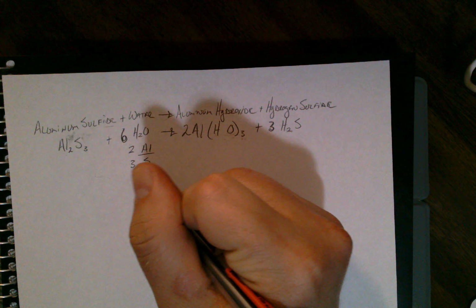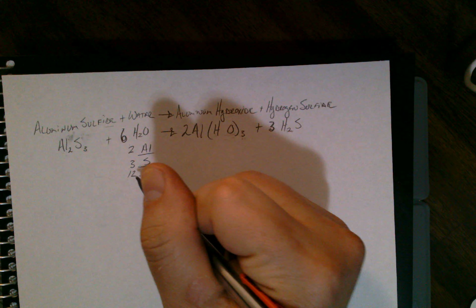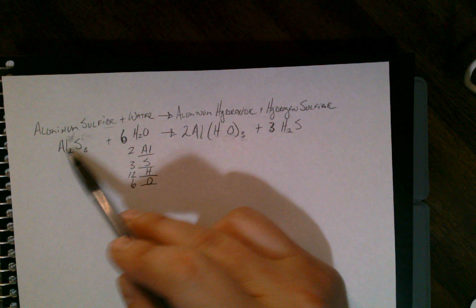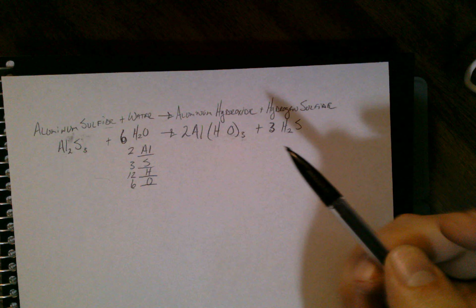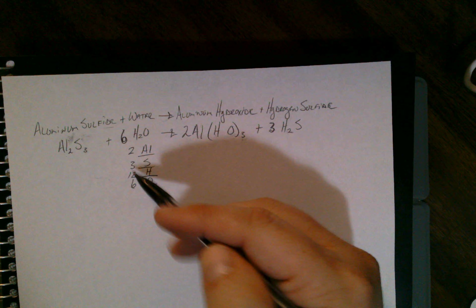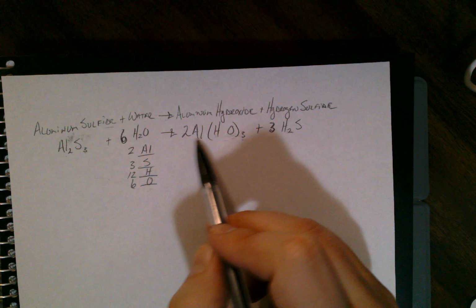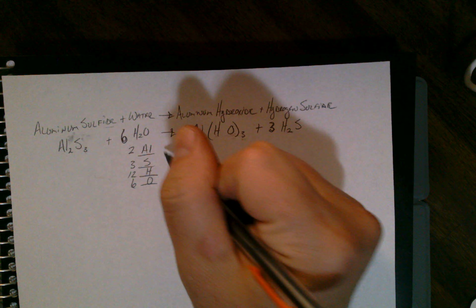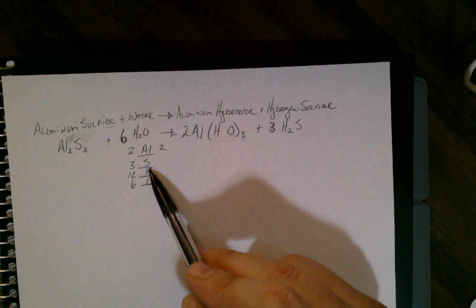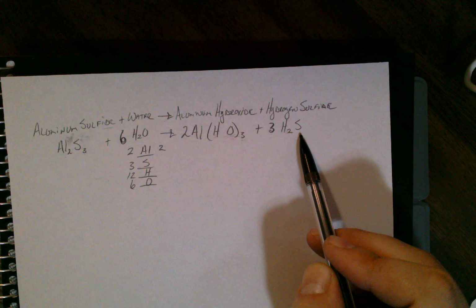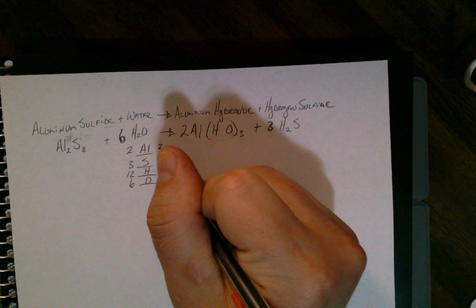We've got 12 hydrogen, and we've got 6 oxygen. And all I'm doing is multiplying by the coefficient or the suffix to make that number. On this side, we've got 2 times aluminum. We don't have aluminum anywhere else, so that's 2 on this side. We've got 3 sulfur on that side. On this side, we've got sulfur times 3, so that's good.